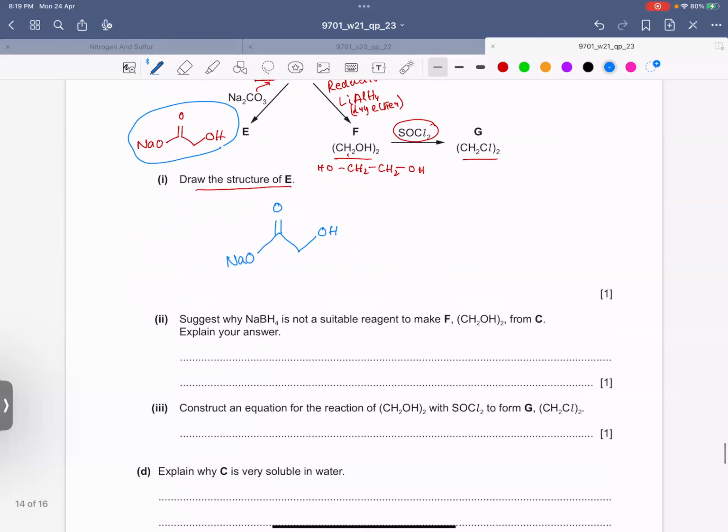Then next part. Suggest why NaBH4 is not a suitable reagent to make F from C. Explain your answer. If you recall, it is a mild reducing agent. It is not strong enough to reduce carboxylic acid.